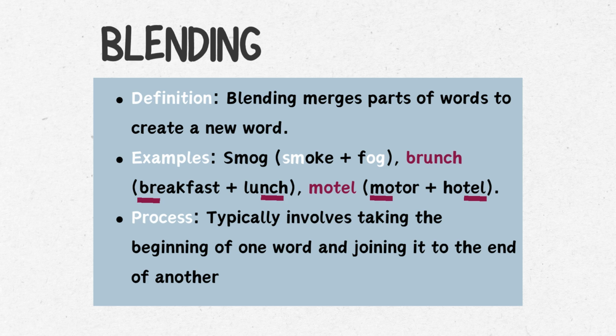This process typically involves taking the beginning of one word and joining it to the end of another. Like you have seen in the above given examples, we take the first three letters from motor and the last three letters from hotel, like the start of motor and the ending of hotel, to make the new word motel.